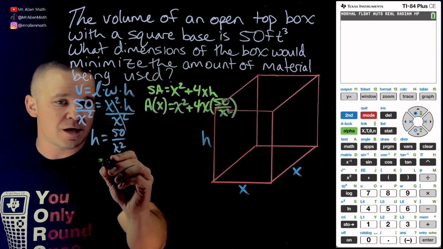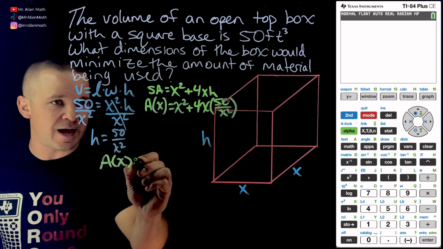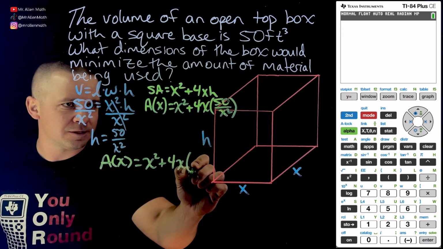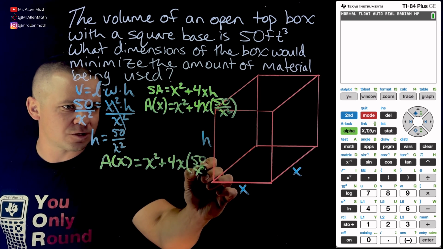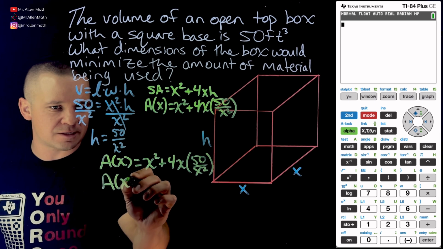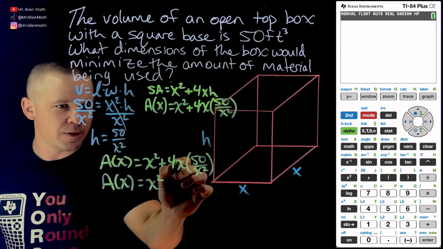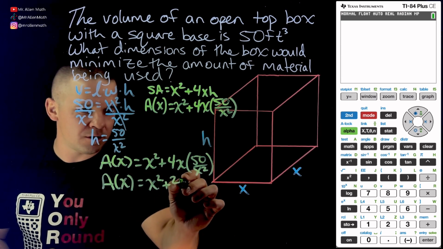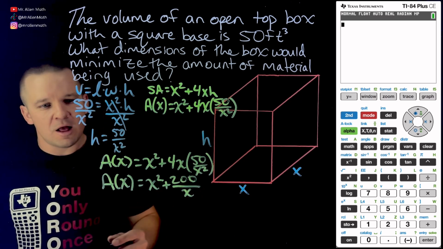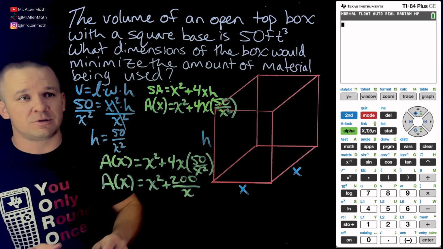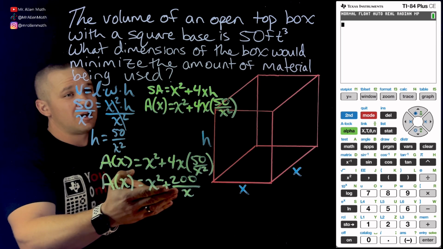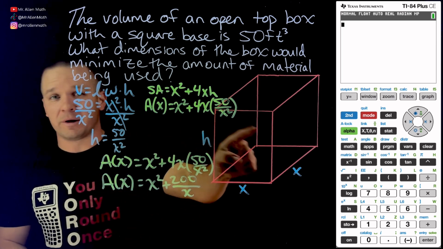So area as a function of X is X squared plus 4X times 50 over X squared. I could multiply the 4 and the 50, so A of X equals X squared plus 200, and then the X over the X squared just reduces to X. If it's a multiple choice question where they're asking you to write the function, this would probably be the answer choice. But if you're just mathing in your calculator, the other is okay to plug in.